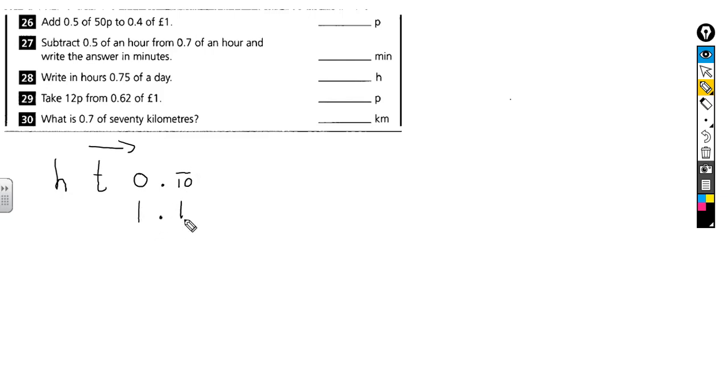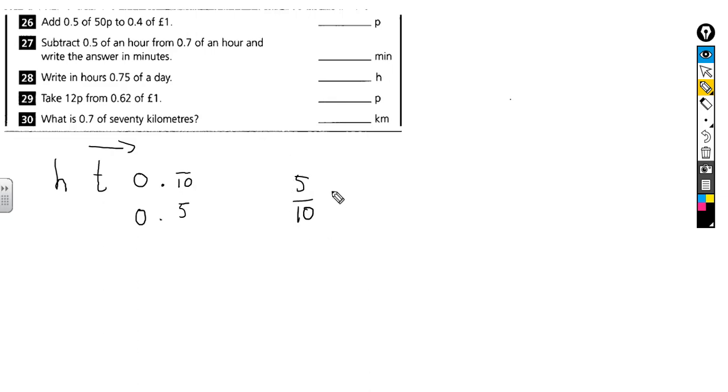So these are tenths in this column. Okay, so let's have a look at what 0.5 means. I have no ones, and in 0.5 I have 5 tenths.